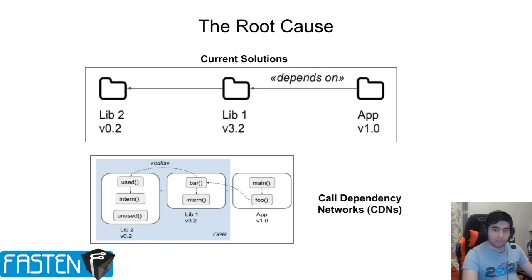Basically, it creates a call graph of the application plus its dependencies. It starts from the entry point of the application, which is main in this case, and creates a call graph for deeper analysis, which may help to reduce false positives.